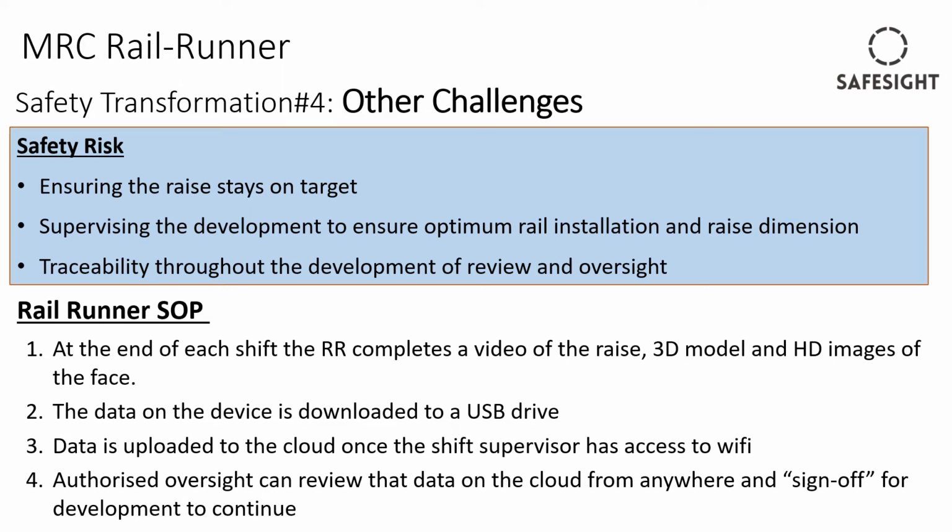So the data is moved from the unit to a USB, and then as soon as there's Wi-Fi connection, that USB can be uploaded to the Rail Runner portal, and anyone who's authorized can view all of this data over the cloud and provide insight, approvals, or feedback to the next shift plan or the development overall.